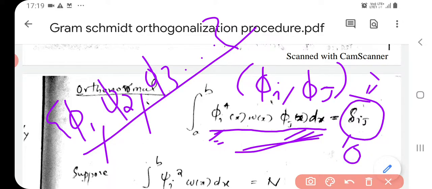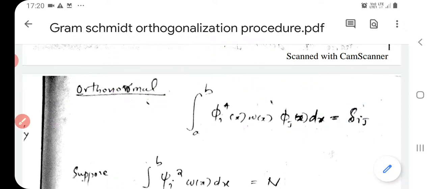So if the two functions are different, the inner product will be 0, and for the same function it will be equal to 1. Such a set of functions are normalized, and they are orthogonal as well. So this is an orthonormal set.